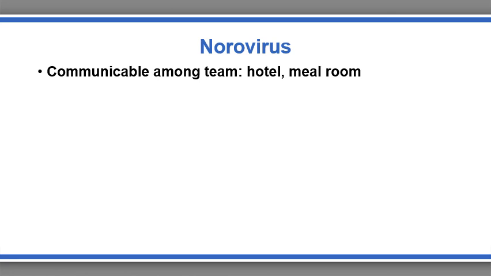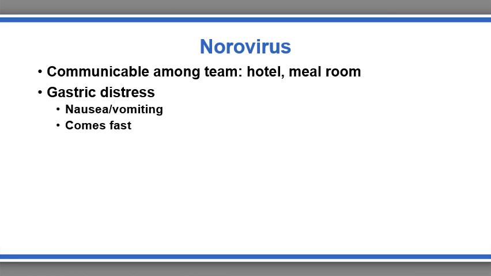It is very contagious. So the person will talk about gastric distress, nausea and vomiting. It comes on very fast, so when people get this, they'll talk about how all of a sudden it just hits them and they get very sick, feel very unwell.